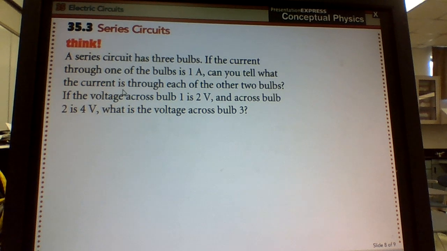If the voltage across bulb 1 is 2 volts, and voltage across bulb 2 is 4 volts, what's the voltage across bulb 3? Well, 2 plus 4 is 6, 9 volts total, so bulb 3 has to be 3 volts.